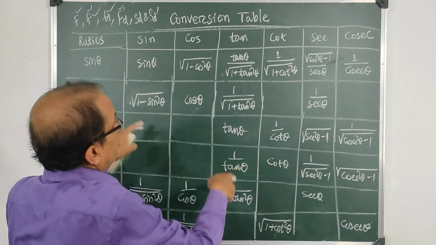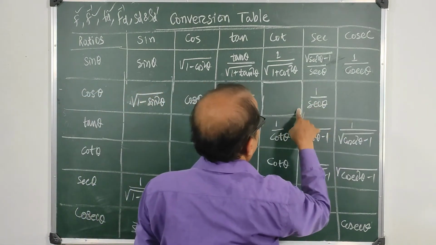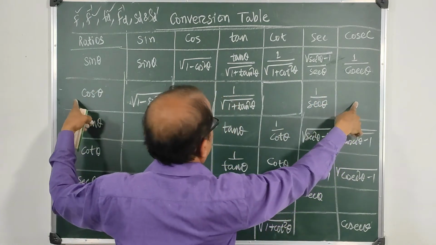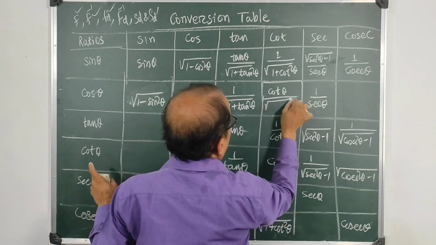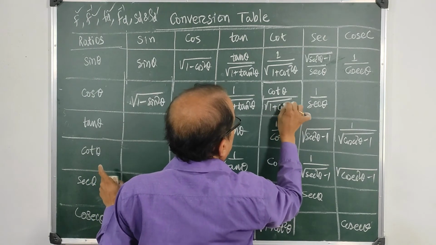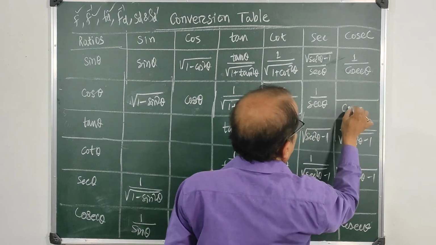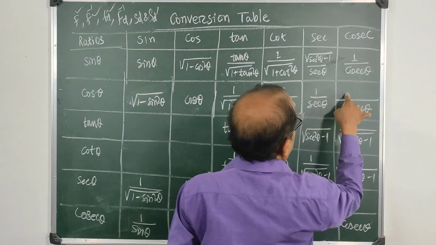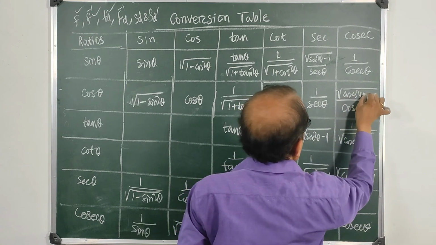In this case they will be cot and cosec, remaining things are cot and cosec, so cot by cosec must be cos, so you write cot theta upon root over 1 plus cot square theta, which is for cosec, and in the cosec section write cosec theta here and change it for cos in the form of cosec, so this will be root over cosec square theta minus 1.